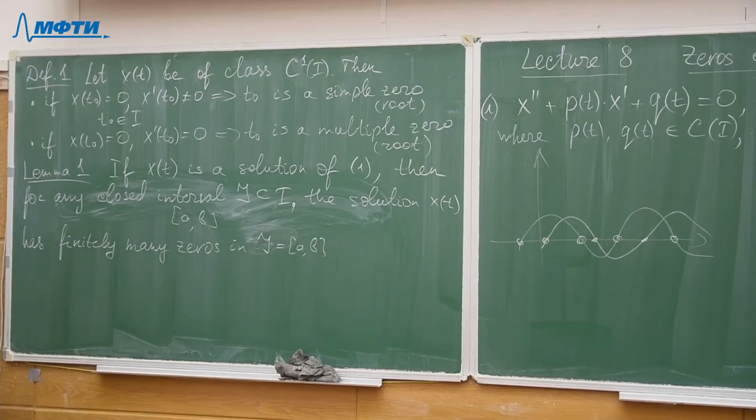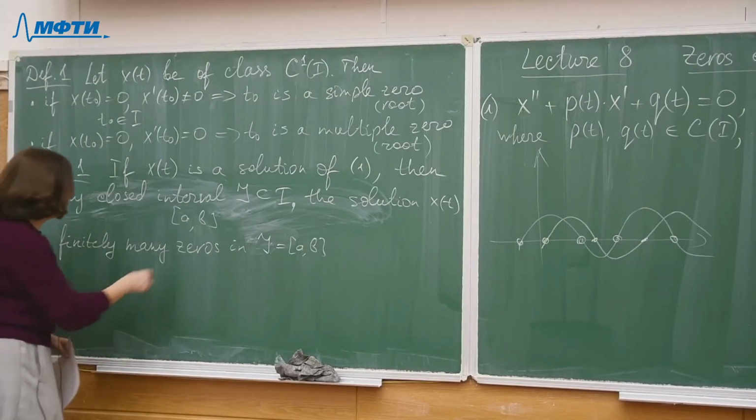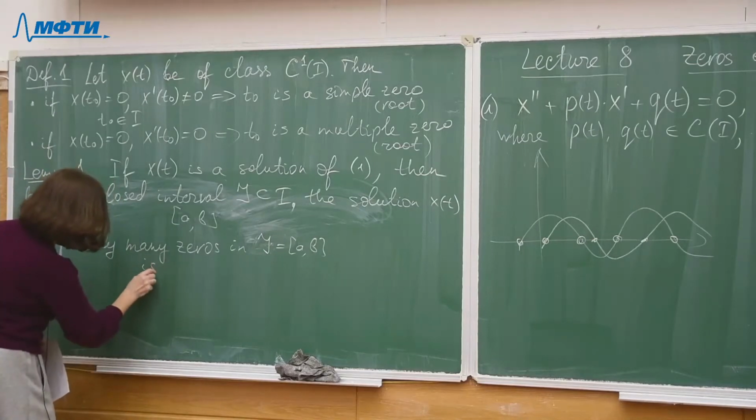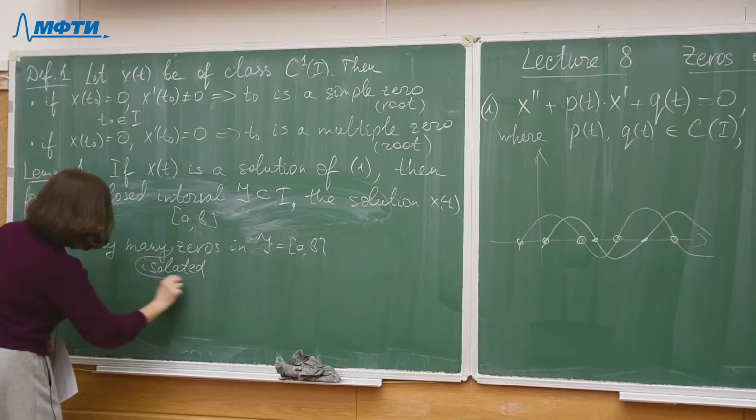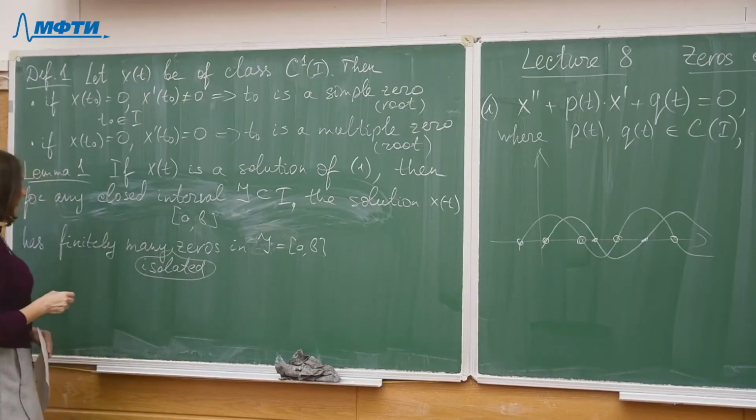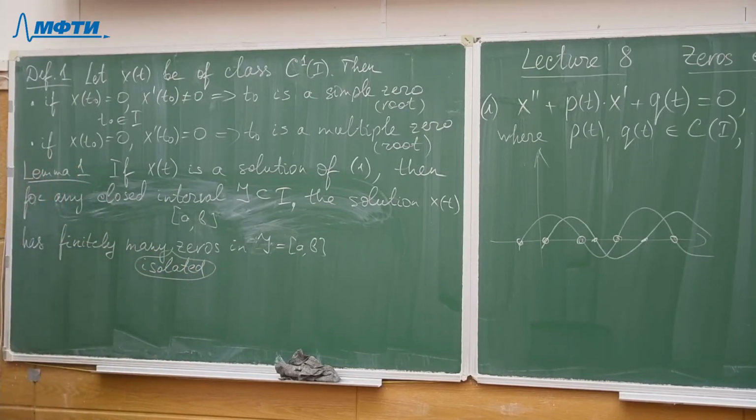Finitely many zeros. They are isolated, finitely many isolated zeros. And all the zeros are simple.